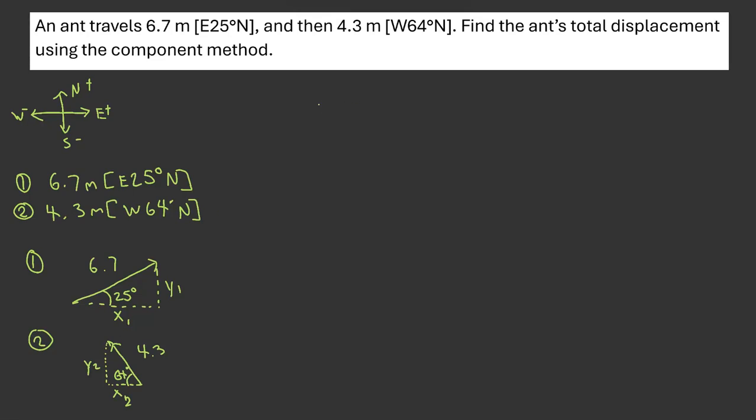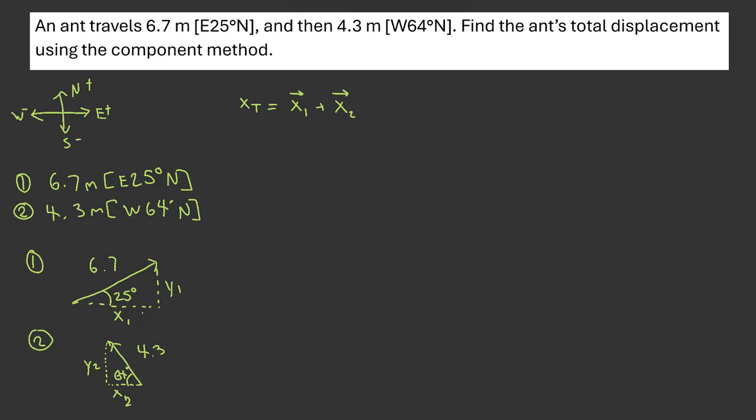So now I want to find xt, my total x, okay? And I'll get that by adding, right? This will be equal to my x1 plus my x2. Now I'm treating these as vectors because the direction does matter here.